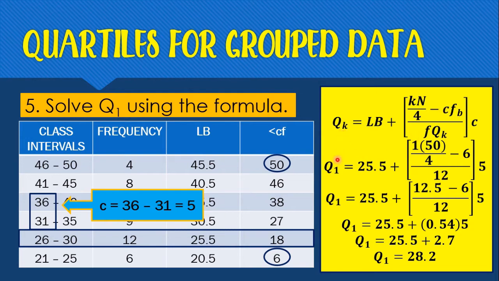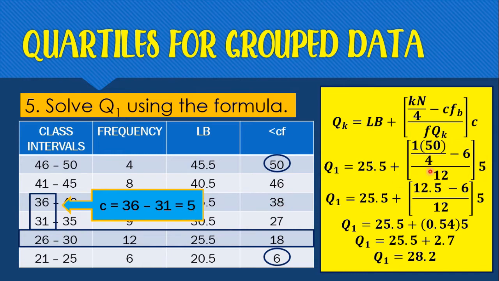Our Q sub 1 is equal to the lower boundary, again 25.5, plus the quantity of k, since we are looking for Q sub 1, the first quartile, k is equal to 1, times the value of n, 50, over 4, because we are dealing with quartiles, minus the less than CF before the 18, that would be 6, all over the frequency of the Q sub 1 class, 12, times the class size, which is equal to 5.